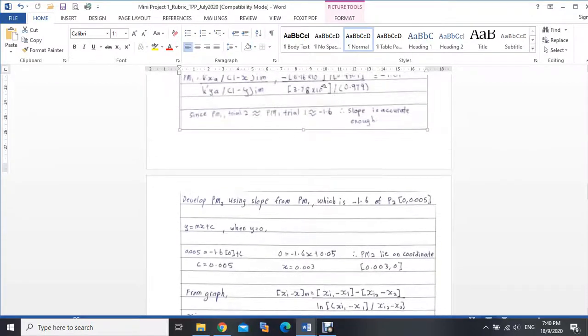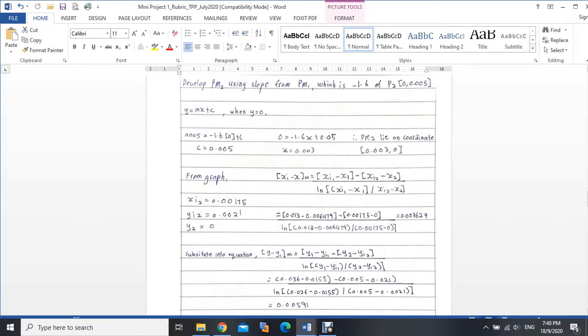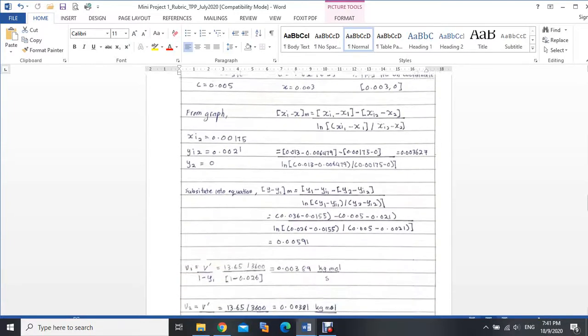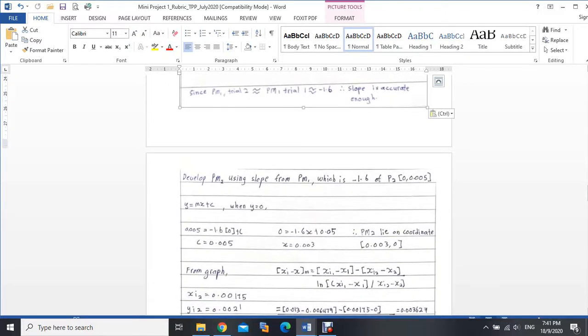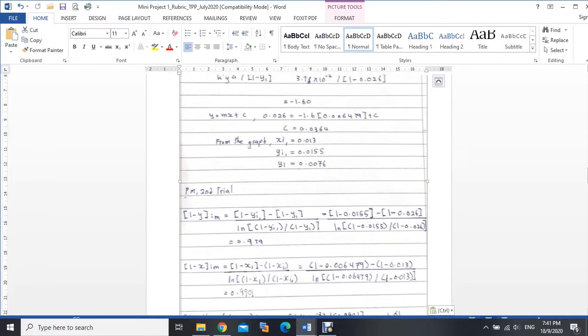When I say the slope is accurate enough, it means that if we still find the y-intercept for PM1 in the second trial, you will get the same value for C, and of course you will get the same value for XI1 and YI1. So you can say the graph is accurate enough, and this is my latest value for XI1 and YI1.